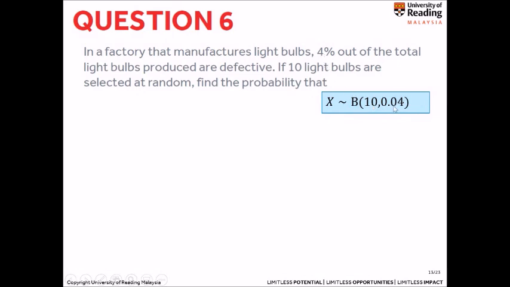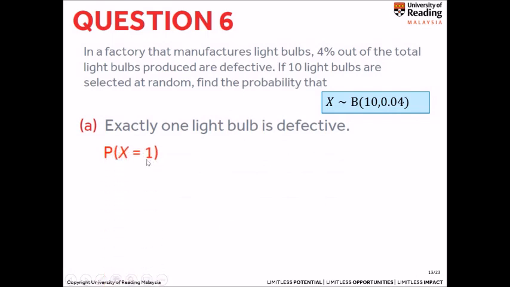4%, we shall convert it to decimal point as 0.04. So now we look at the question for part A. Exactly one light bulb is defective. So your R should be equal to 1. Now you just put into the formula 10C1, 0.04 to the power 1.